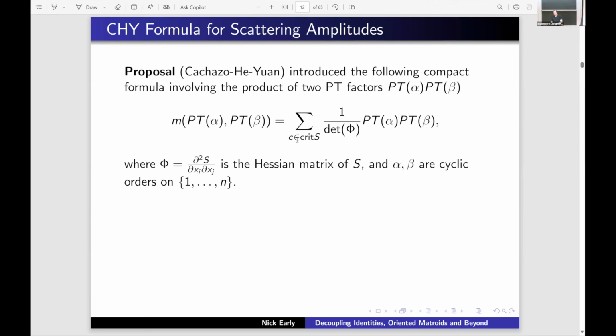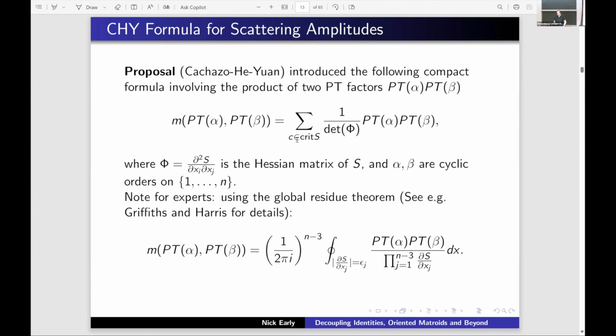It's actually a very beautiful formula in that it reproduces the usual Feynman diagram expansion as just one single object. Instead of having a collection of Feynman diagrams where you replace each internal edge by a propagator, you have one single formula.